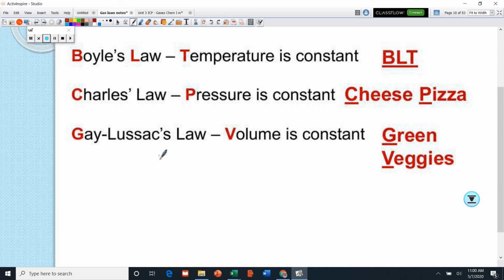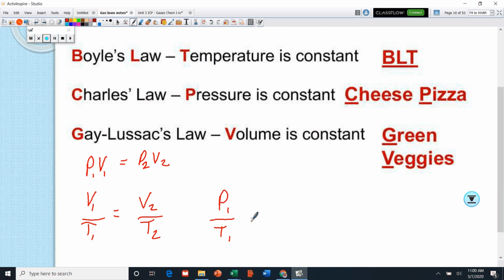But we have these three equations: P1V1 equals P2V2, V1 over T1 equals V2 over T2, and P1 over T1 equals P2 over T2.